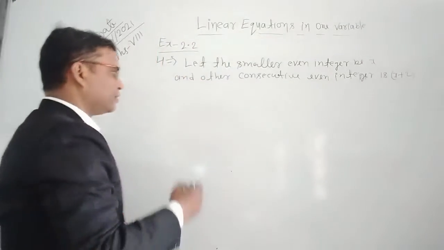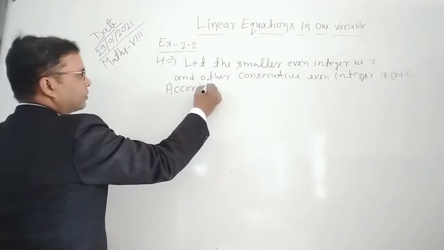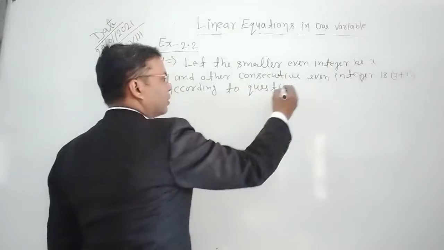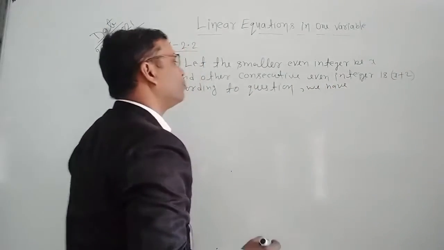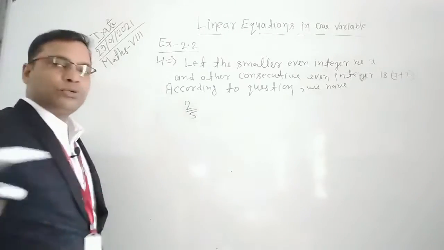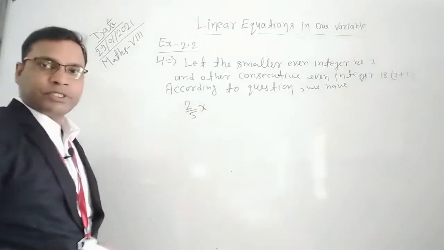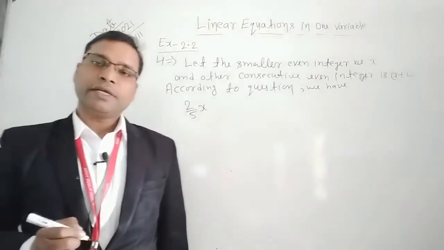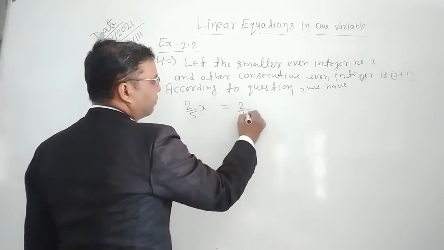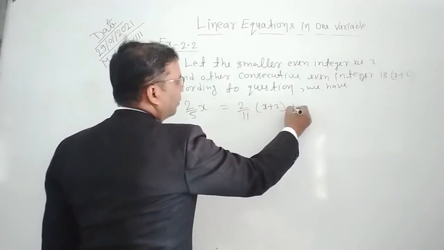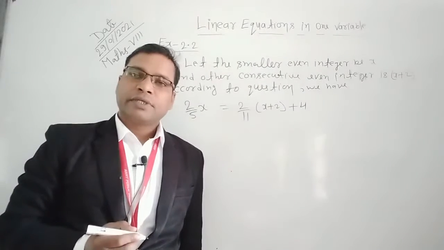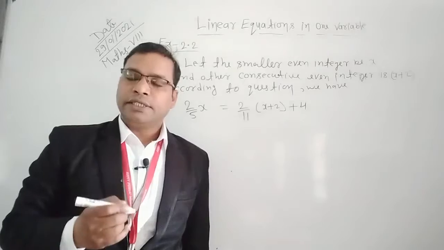According to the question, we have 2/5 of the smaller integer, so 2 by 5 of x, or 2/5 x. This exceeds 2/11 of the larger integer by 4, so 2/5 x is equal to 2/11 of (x plus 2), plus 4.